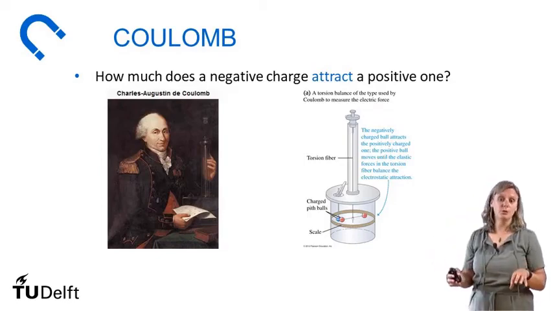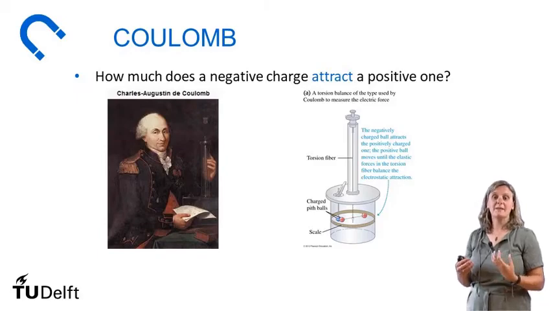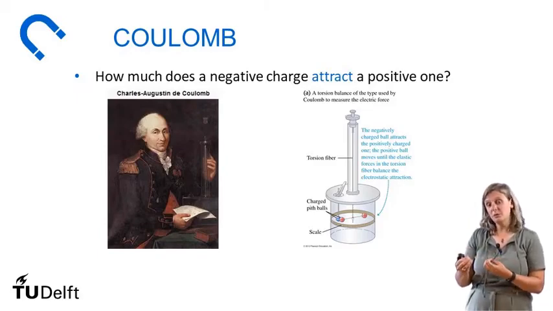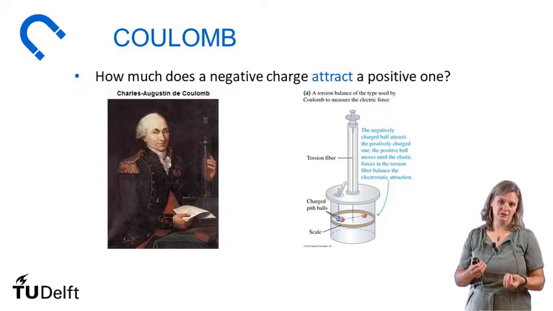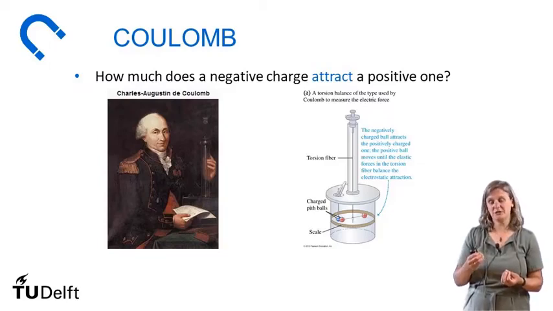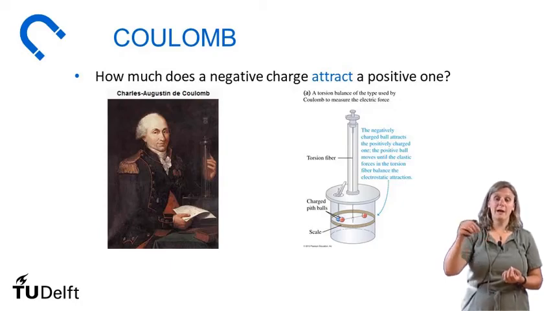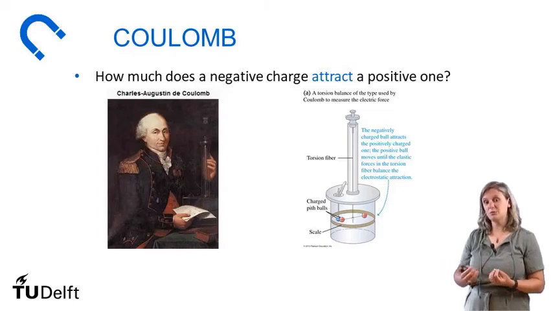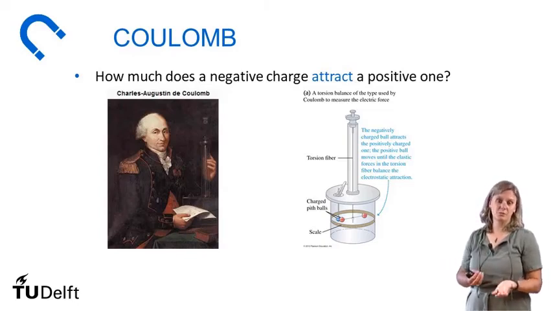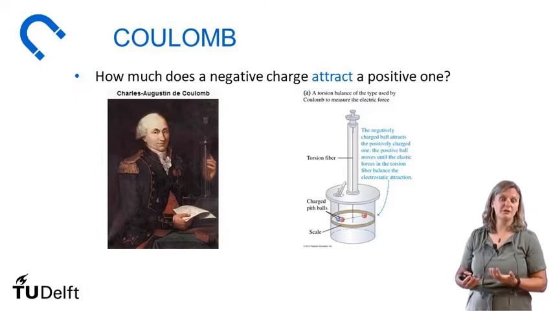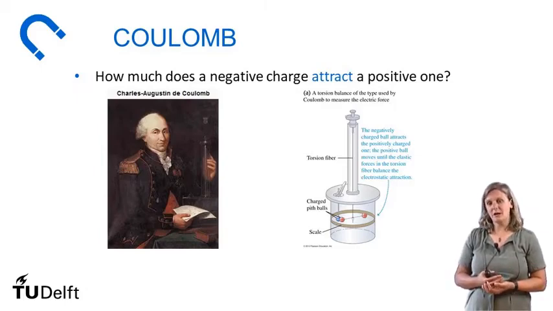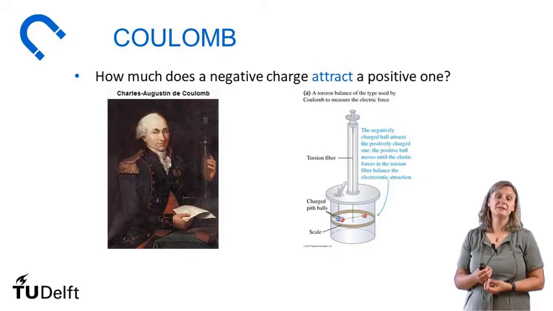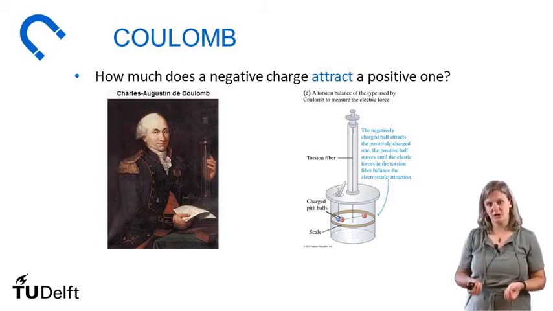There's also a blue ball, the opposite charge, and the blue and the red ball exert a force on each other. Now what he did, which was very clever, was rotate the blue ball away from the red ball or close to it, and thereby he varied the distance between the two charges, and he measured with the spring the force that one exerted on the other. By doing this experiment, he could find a quantitative relationship for the attraction or repulsion between two charges.